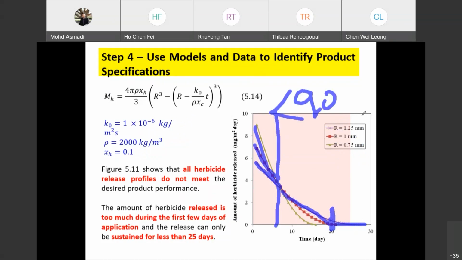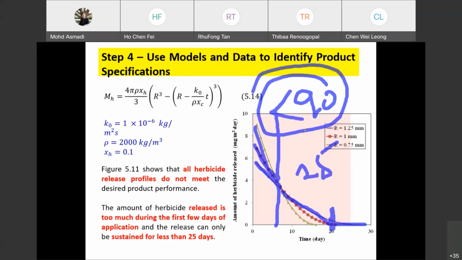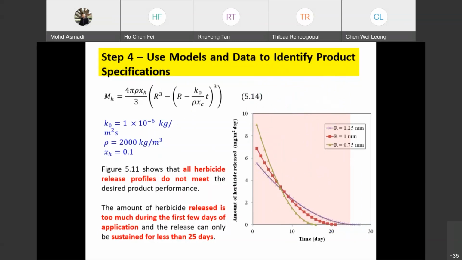If possible, if we can extend until 90 days is much better, rather than only 25 days. So we have to find the method, and also recalculate how we can release for maximum 90 days, rather than 25 days. So I think our target is more than 25 days. So this is a model of the dissolution rate for the cellulose.